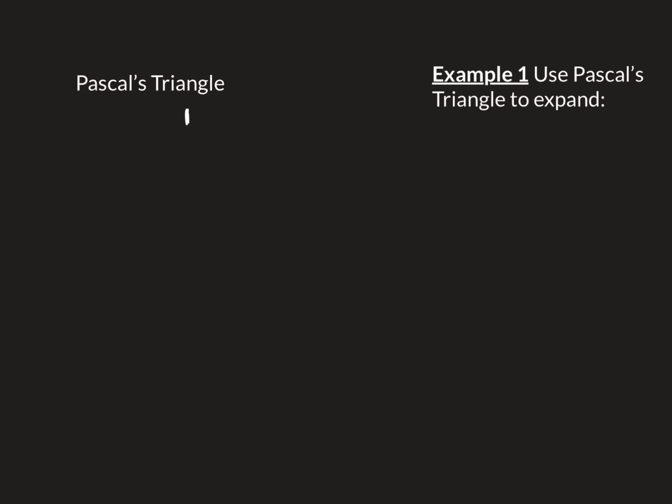The second row, 1, 1. The third row, this is where it gets a little complicated. The third row begins with a 1 and ends with a 1, but it has 3 terms. How you find that third term is the sum of the 2 previous terms.